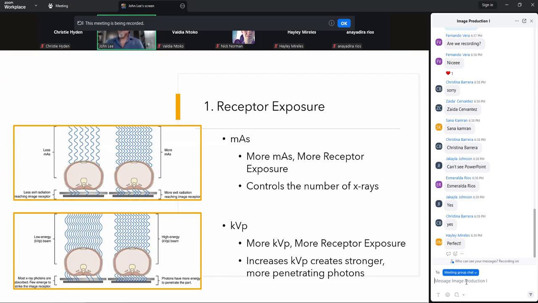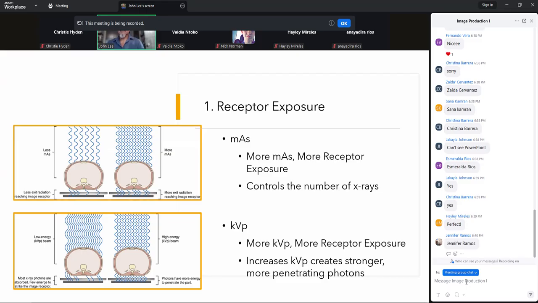More mAs equals more receptor exposure. Now, there are other factors that will influence receptor exposure, and there are adjustments that we can make of those other factors. But the ones that we look at for controlling our exposure are going to be the mA and the time.